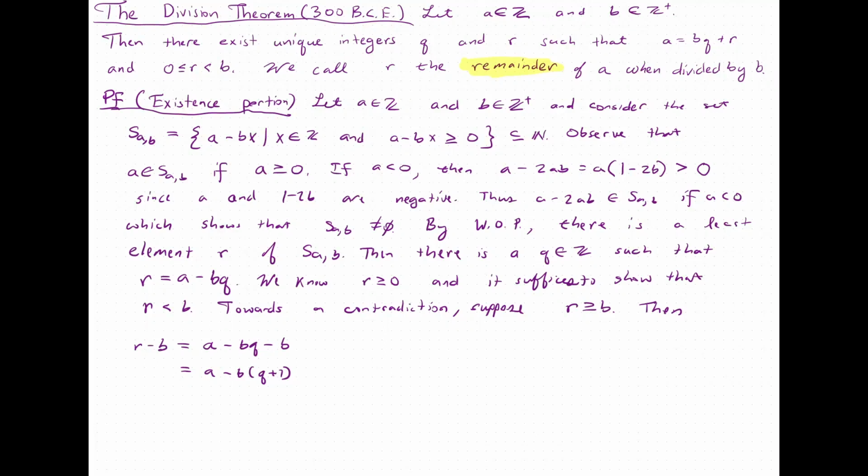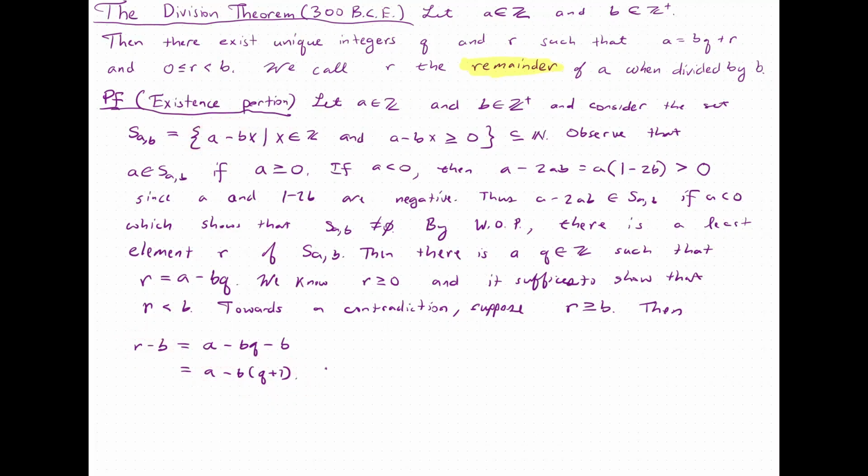But here is where we have to take into account what is the contradiction we want. We have a, we have b times q plus 1. So we have something that's now in the set, and so consequently the left-hand side, r minus b, is in that set.